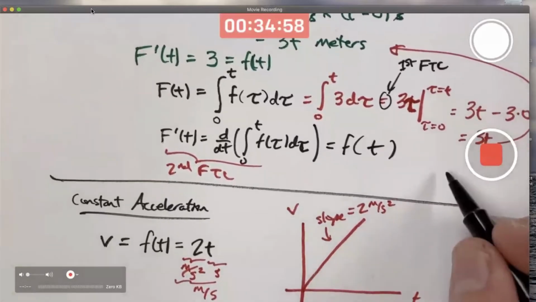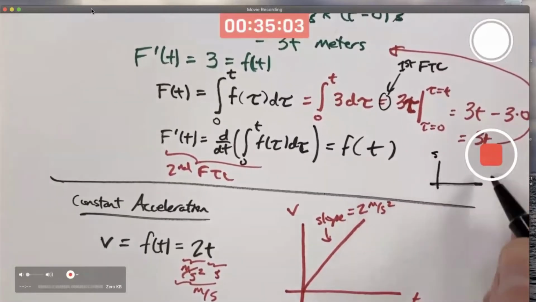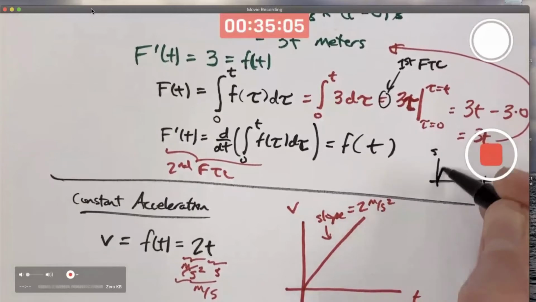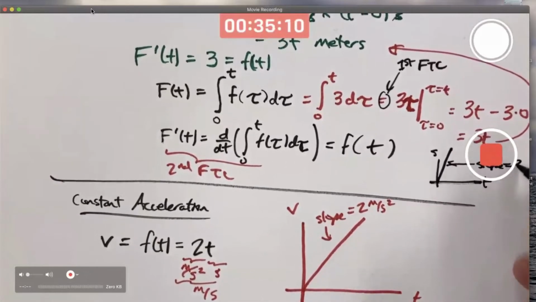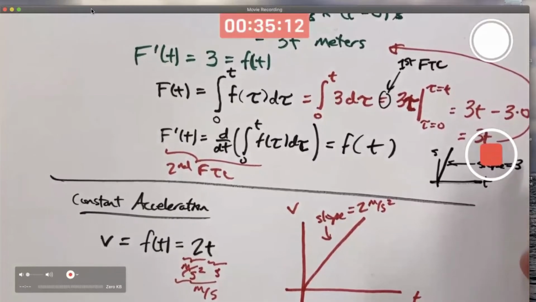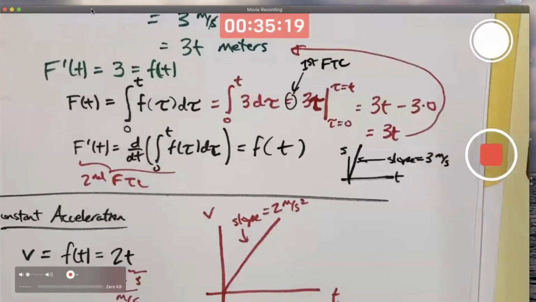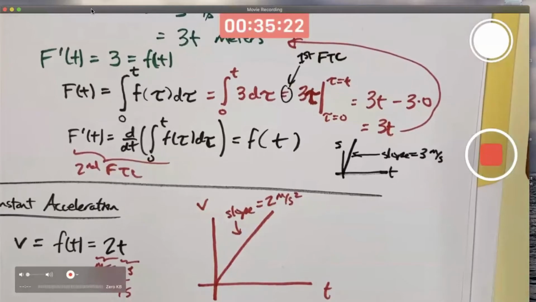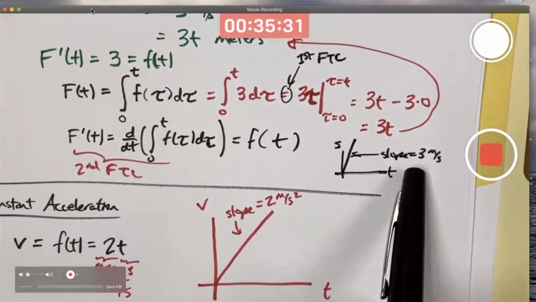If you've got room in the previous example, the graph of capital F, distance traveled versus time, is also a similar looking graph, except with a slope of 3. And the units for the slope would be different. The units for that slope would be meters per second. It would be the constant speed in the first example. That's for the first example. The slope is what has the units of meters per second for that example.